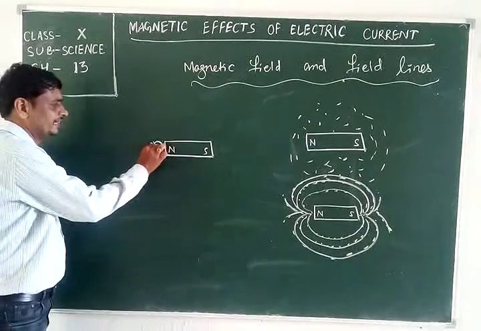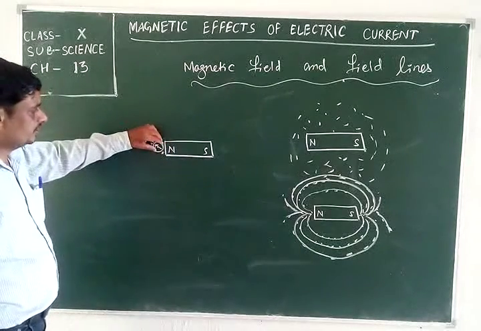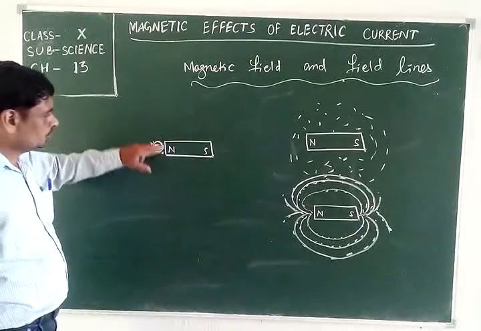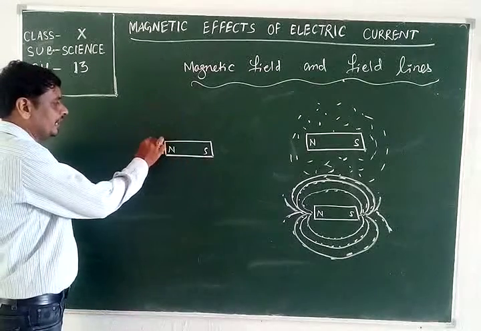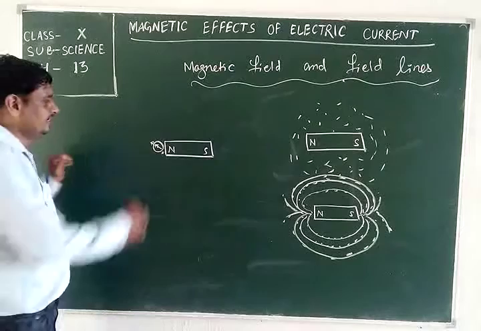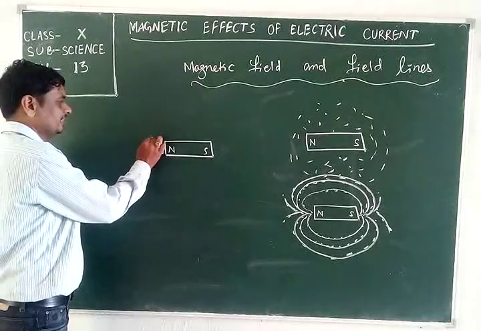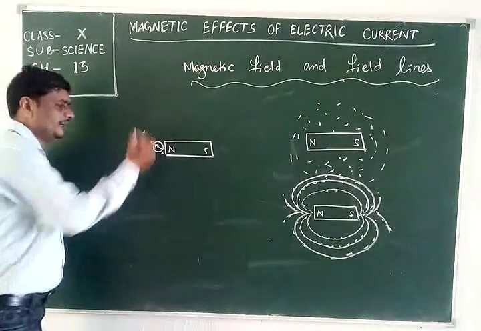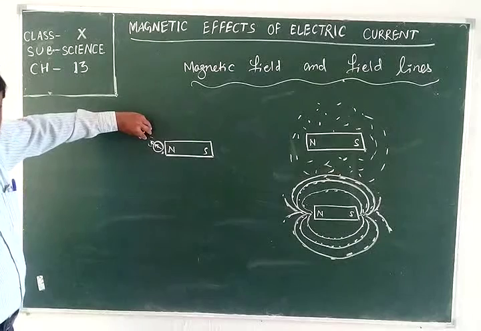Now mark again. After marking here, you have to place the compass at the next point. Here, at this point, you will get a mark. Next, you have to place it on this point.